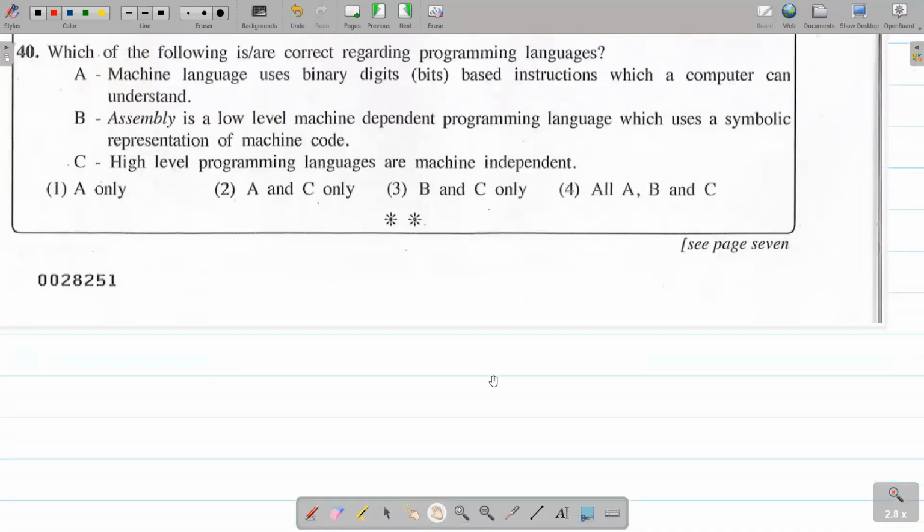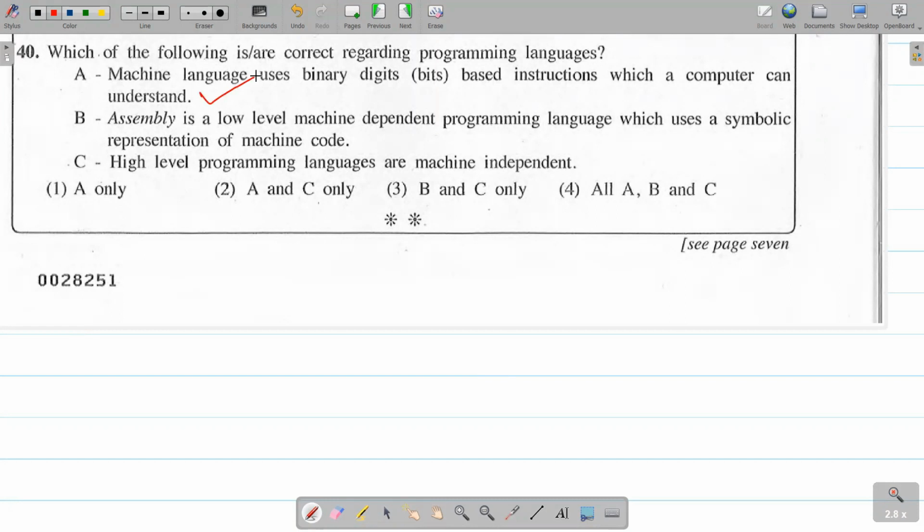And the 40th of it says, which of the following are correct regarding programming languages? Yes, the capital A says machine language uses binary digits based instructions which a computer can understand. Very clear and correct statement.